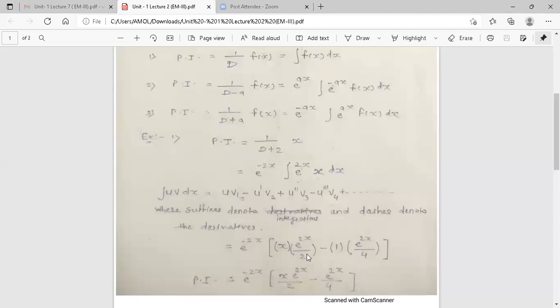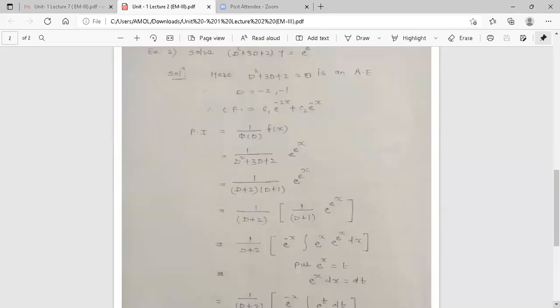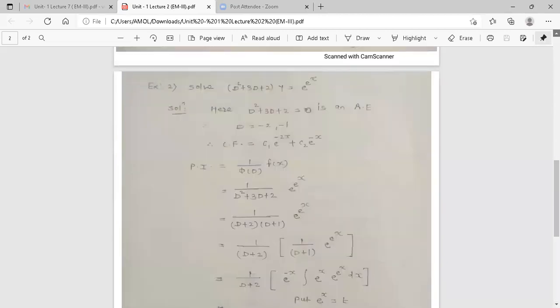Its integration is e to the power 2x upon 2, and already 2 is there, so 2 into 2 is 4. If we simplify it, we have the PI e to the power minus 2x in bracket x into e to the power 2x by 2 minus e to the power 2x by 4. This is the answer.